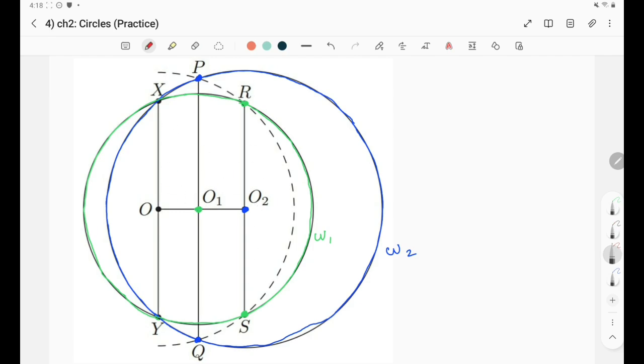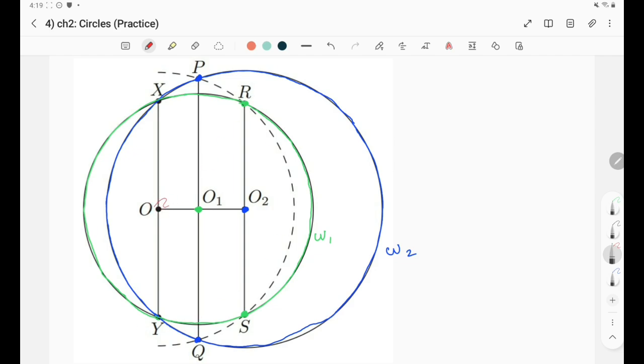So here we have the parallelity. Okay, this is one thing. And then of course we're going to have P, R, S, and Q. This is going to be cyclic, and this circle is going to have a center.